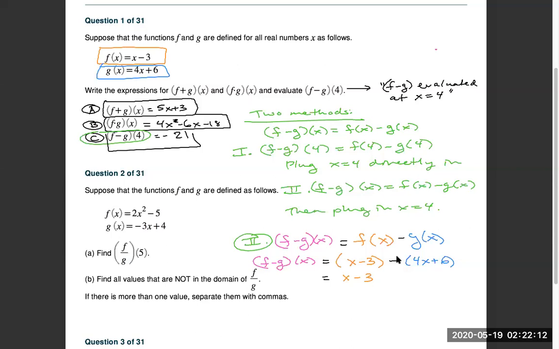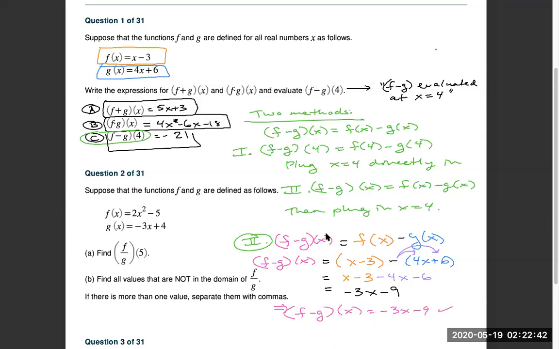So after the distribution, you get negative 4x minus 6. Combine your like terms: negative 3x minus 9. So what that tells us is that f minus g of x is negative 3x minus 9.